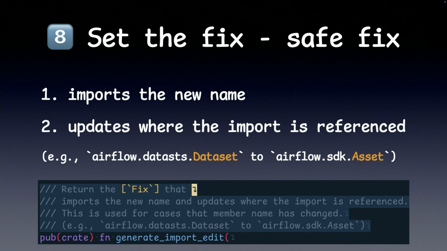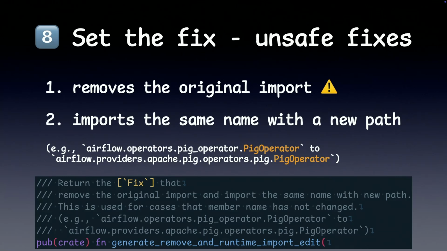But for cases like this one, if you are using PigOperator, it used to be in the Airflow operators, but it's now moved to the Apache Pig provider, and the variable name is still the same. It's a bit more complicated, because if you just insert a new import, the new import might shadow the original one, or the original one might shadow the new import, so it's not working.